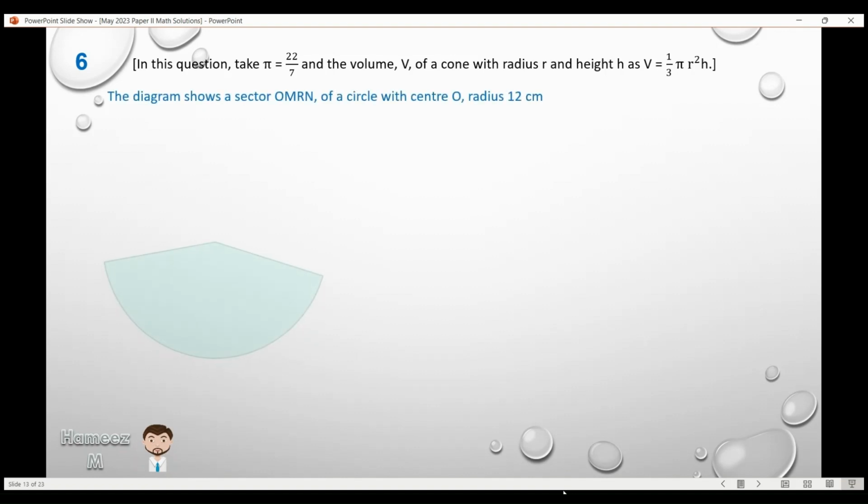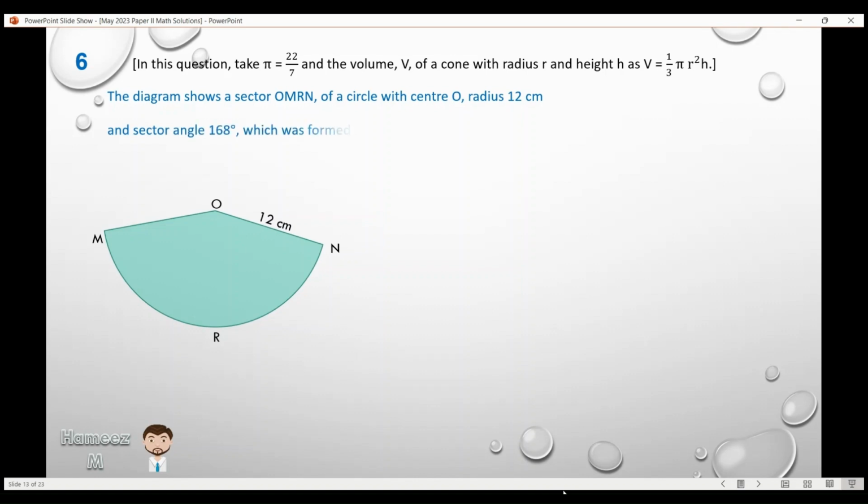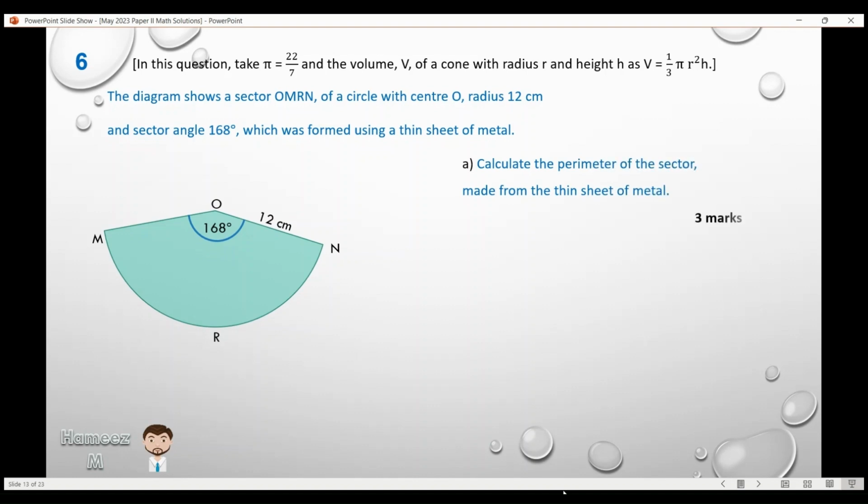The diagram shows a sector O, M, R, N of a circle with center O, and the radius is 12 centimeters, and sector angle 168 degrees, which was formed using a thin sheet of metal. Calculate the perimeter of the sector made from the thin sheet of metal.